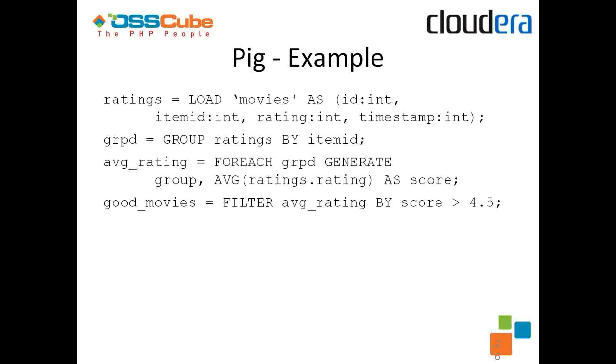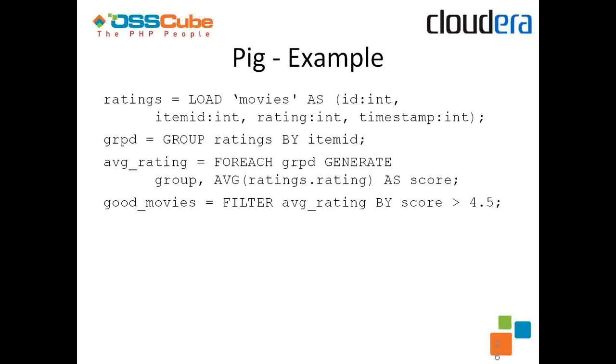And then for that bag, I say, okay, I'm only interested in the average ratings where the score is bigger than 4.5, so filter out everything else and just leave me those records which have a score higher than 4.5, and put that in a new bag called good movies.